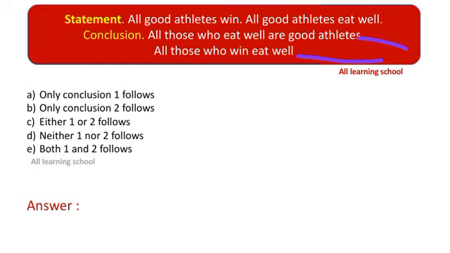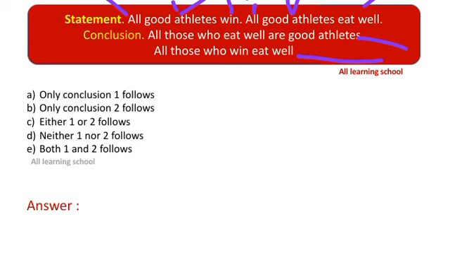Here the common word is good athletes, and in the first statement "all" gave the income of 150, in the second "all" gave the income of 150. Good athletes income 100, wins income 50, good athletes income 100, eat well income 50. So the common word is good athletes and it has an income of 100 in both statements. So these two statements can be merged.